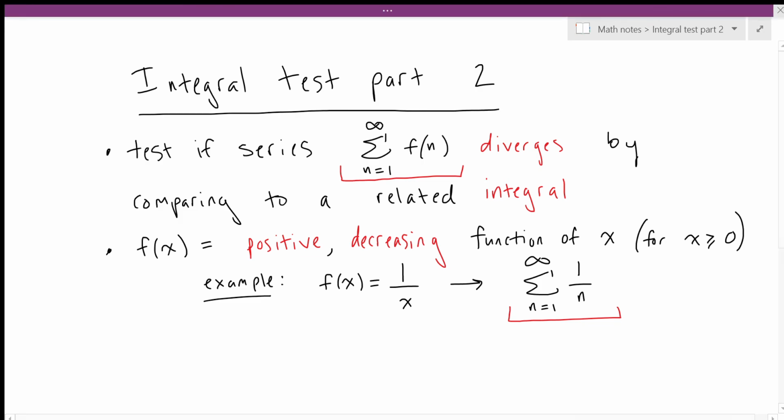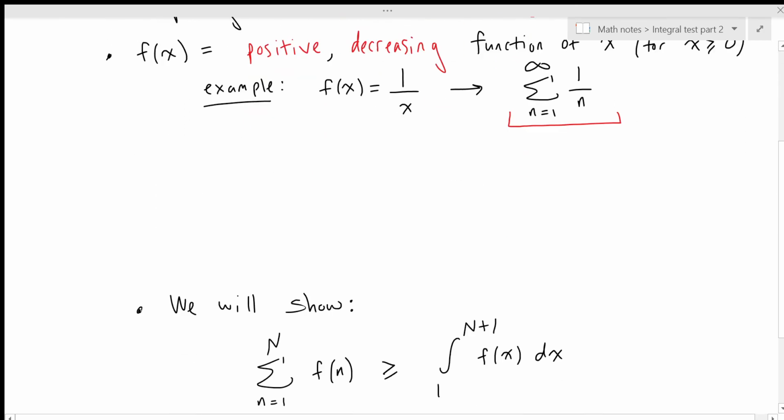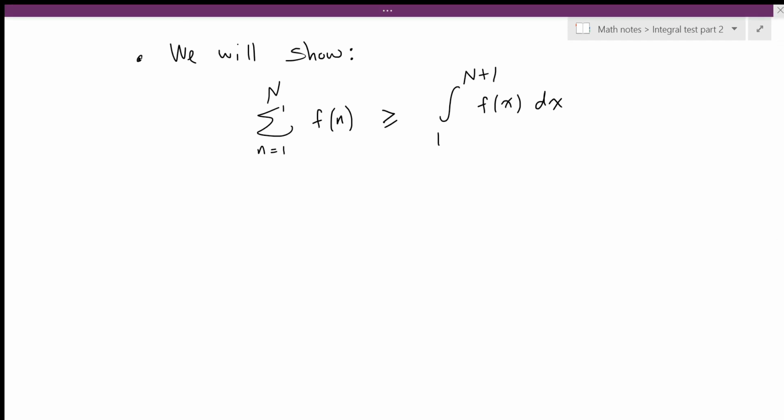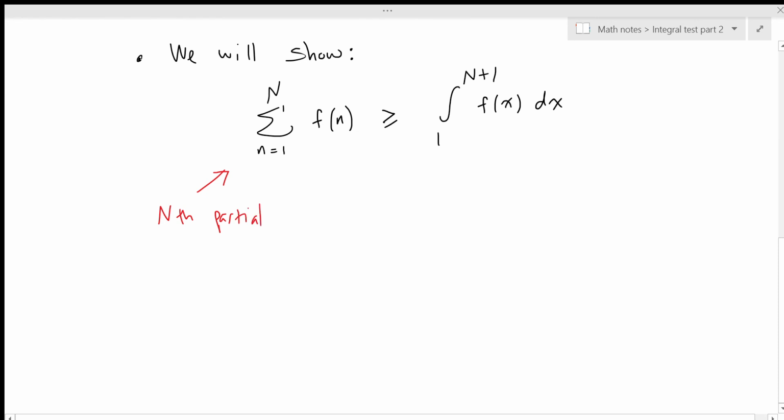So, in this video, we're going to derive an inequality, and this inequality takes this form. On the left-hand side, we have the nth partial sum of this series. So we pick some number capital N, and we just sum the series from 1 to capital N and stop there.